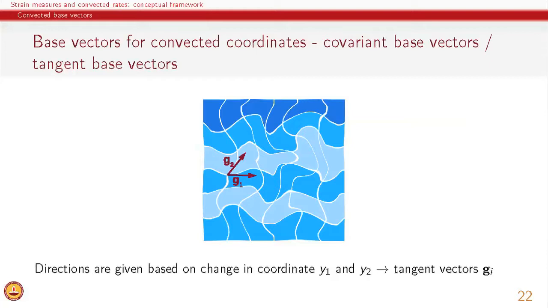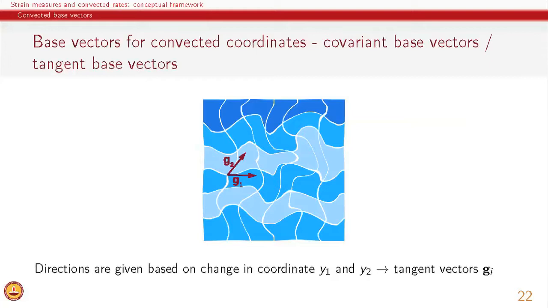These base vectors, where the coordinates are changing with respect to position, are called either covariant base vectors or tangent base vectors, and you can see here that at any point if we go further the g1 and g2 will be different.